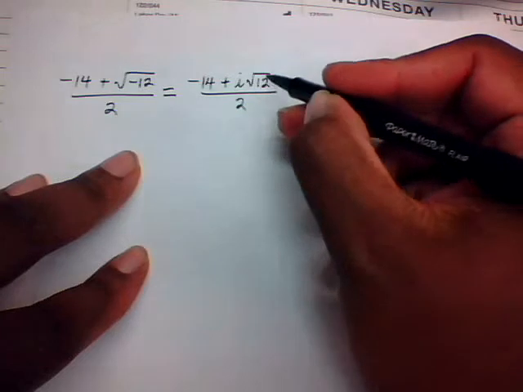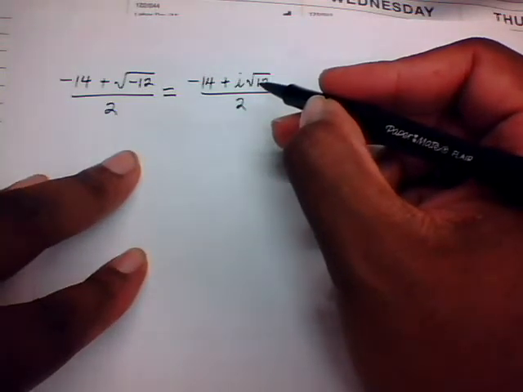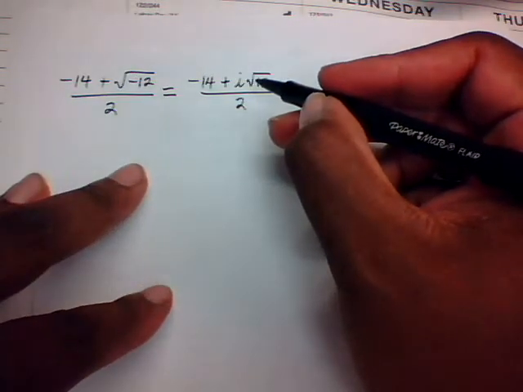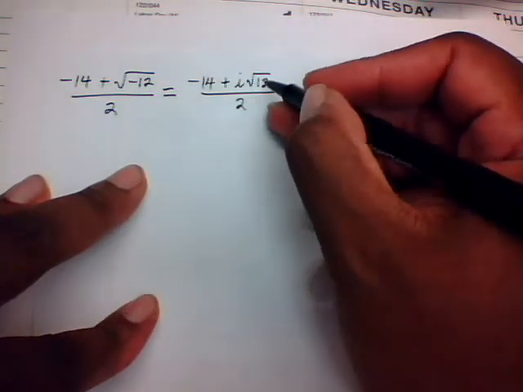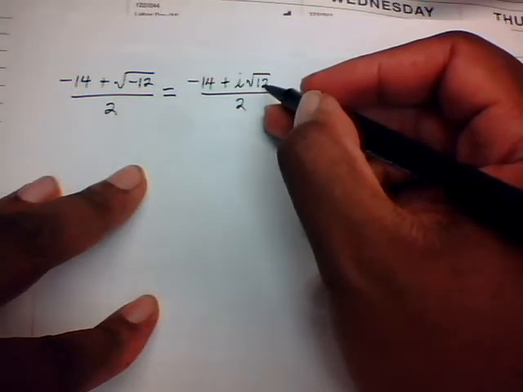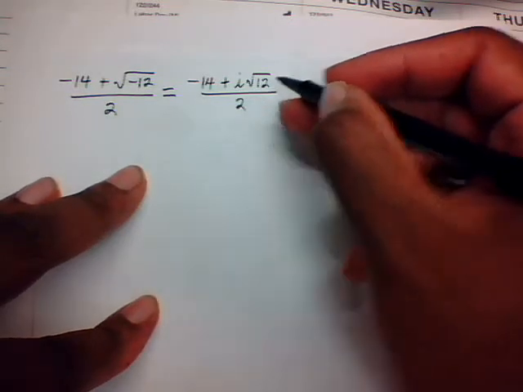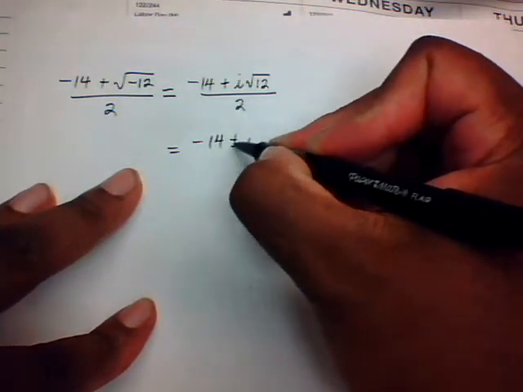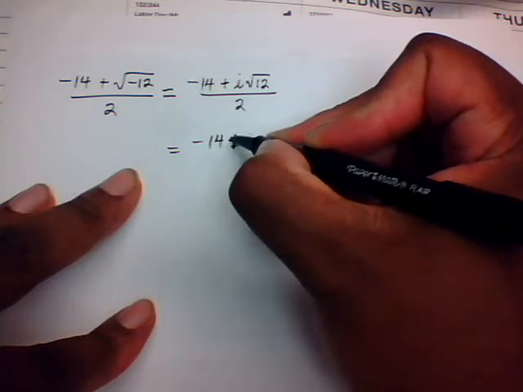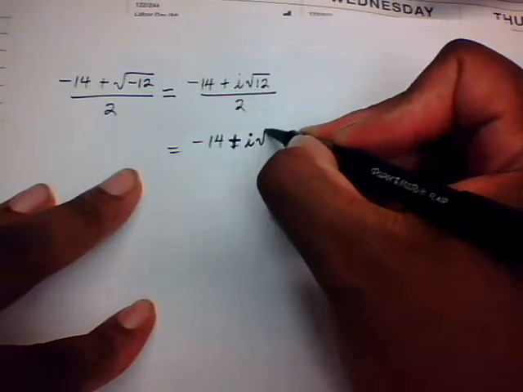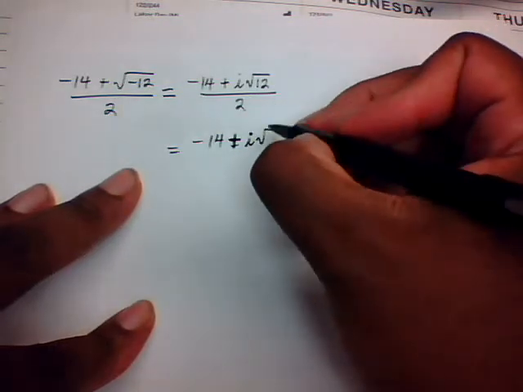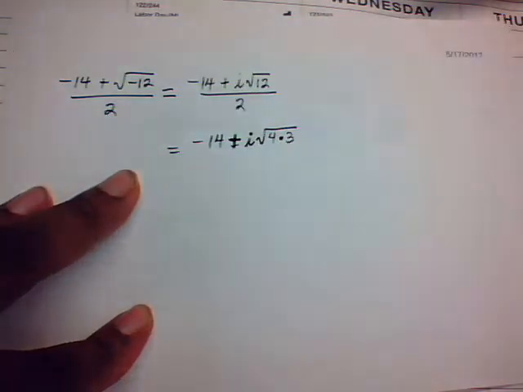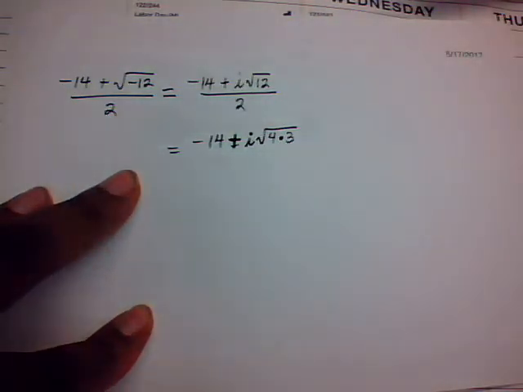Now, of course, 12 is not a perfect square, but we can express this as a product of two factors with one of them having a perfect square. So we need to find the largest perfect square that can go into 12. It will have to be 4. So in this case, we got negative 14 plus i, not plus or minus, just plus, i square root of, now the largest perfect square that can go into 12 will be 4, because 4 goes into 12 3 times.